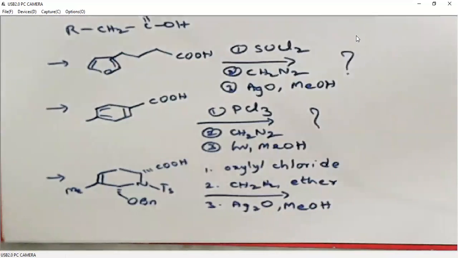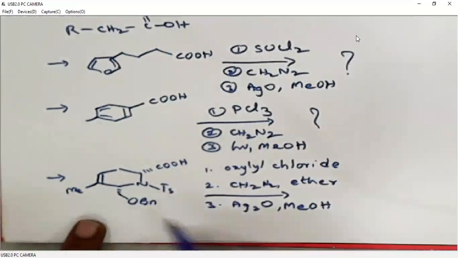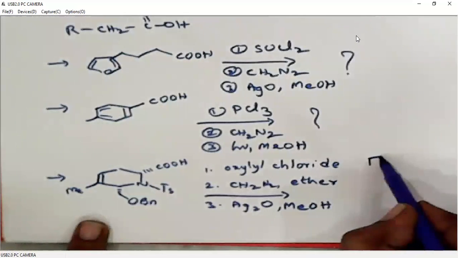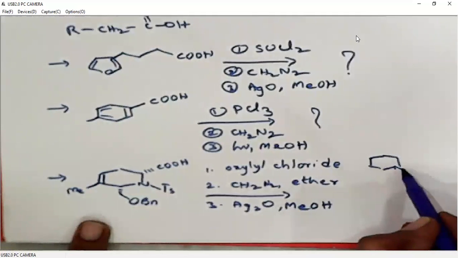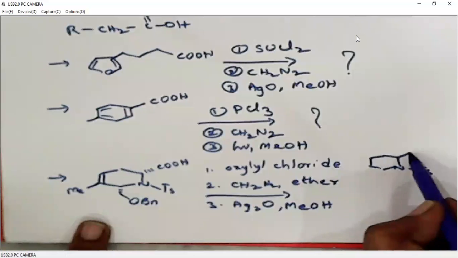So in the simple case, what is this? It is just Arndt-Eistert synthesis with one carbon homologation. So what we expect for this is a simple one carbon homologation.